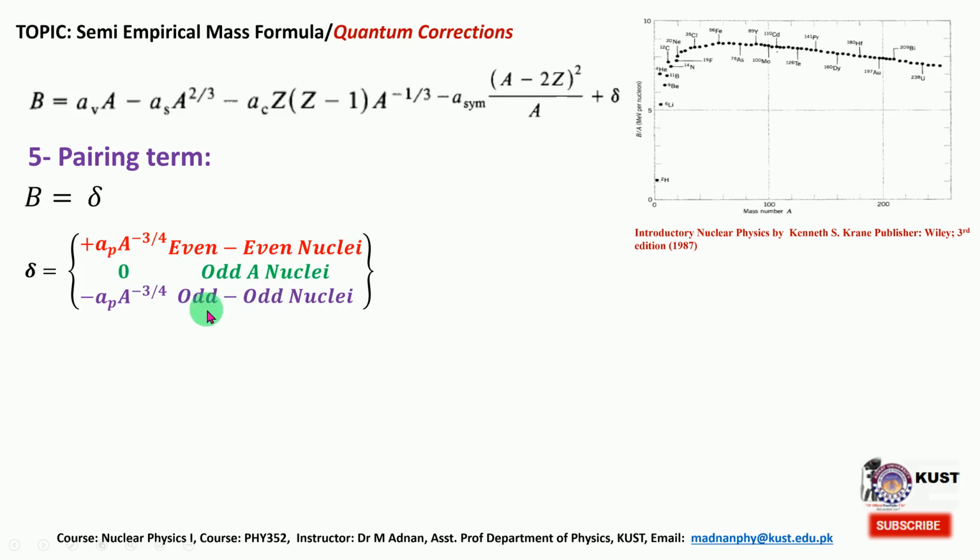And in another case, a system having an odd number of protons and an odd number of neutrons, those systems are less bound, or they are not as stable as the even nuclei. So in that case, the binding energy will be reduced by this amount.